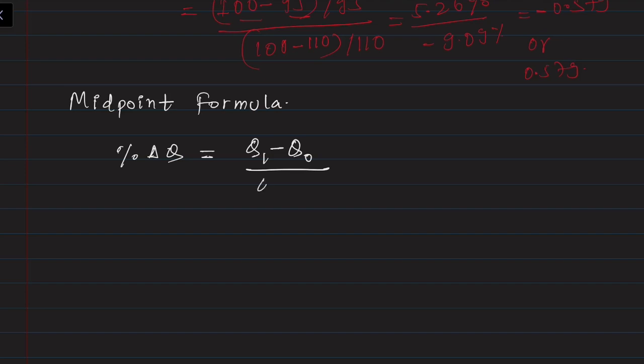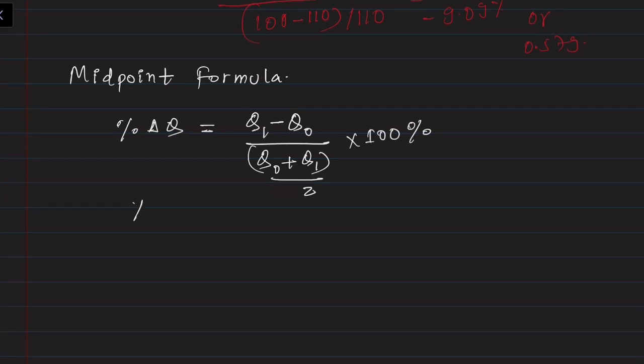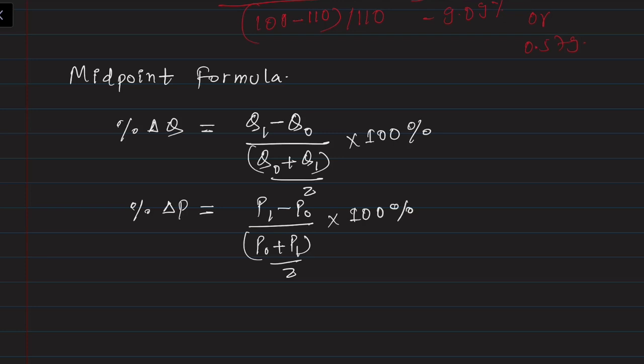So we take the average, Q0 plus Q1 divided by 2, and then change it into a percentage. Similarly, for the percentage change in price, P1 minus P0 divided by the average of P0 and P1. We take the average and change it into a percentage. So this is the midpoint formula.